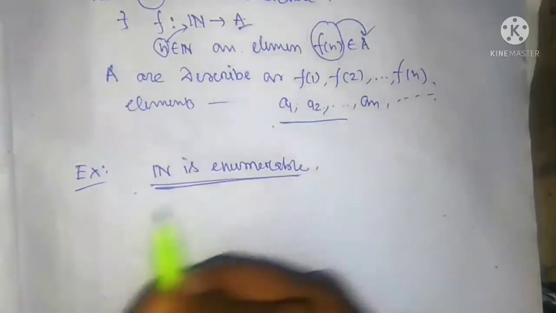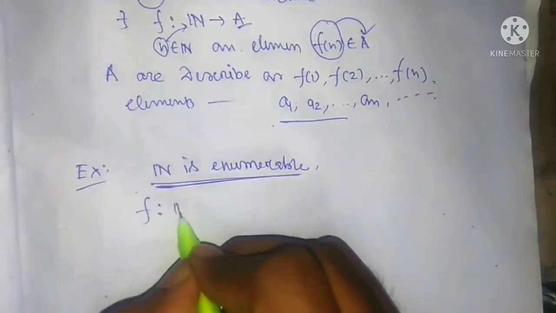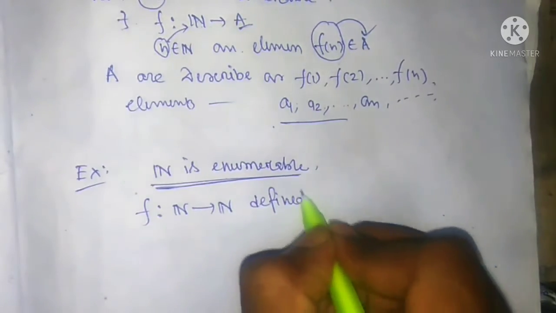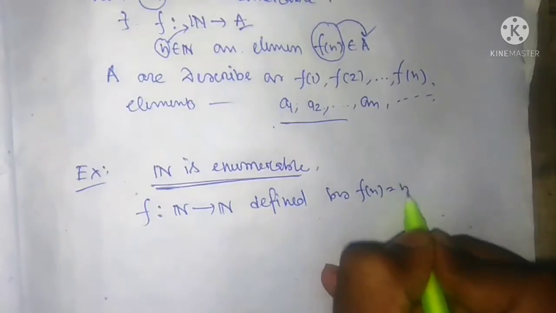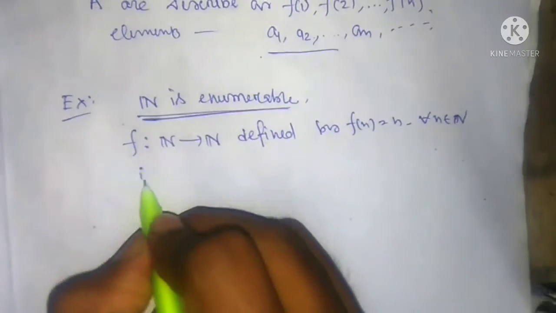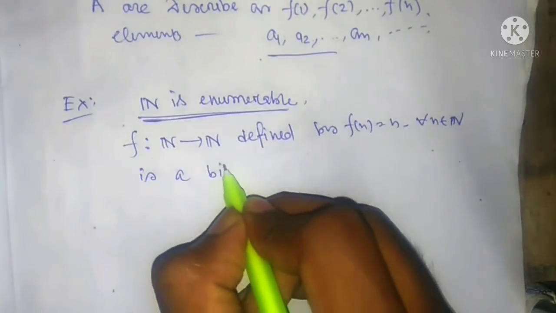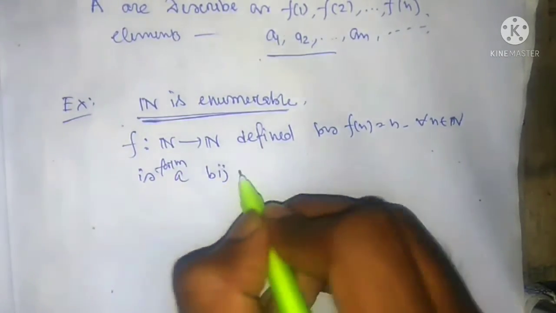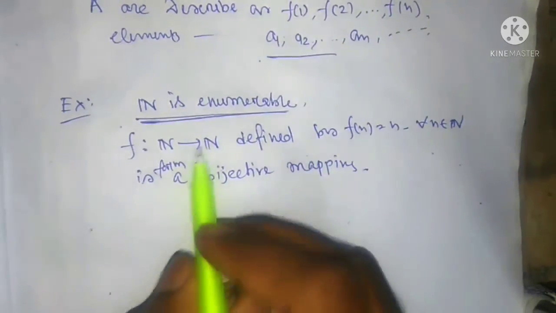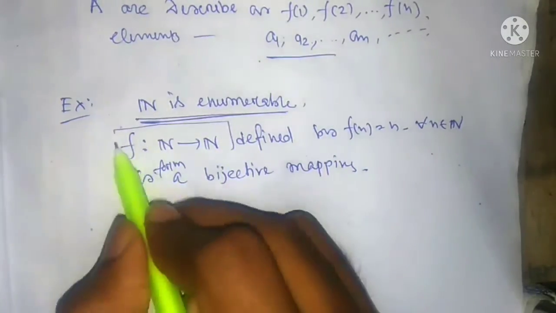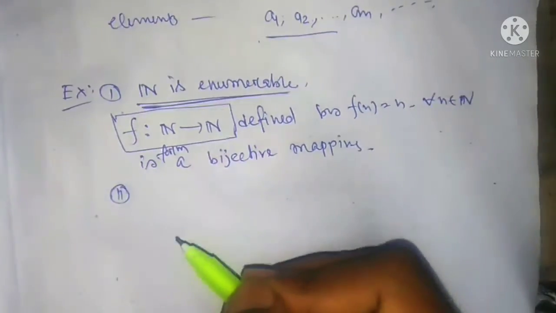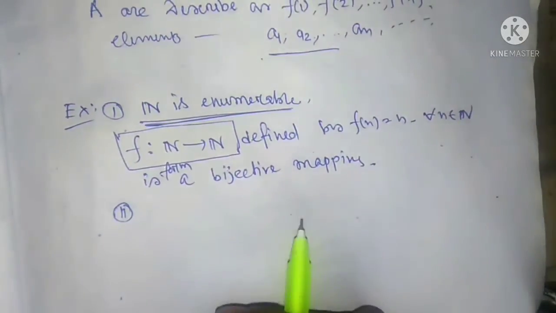The set of natural numbers is enumerable because there exists a mapping from N to N defined by f of n equals n for all n belonging to N, which forms a bijective mapping. You should check whether this mapping is bijective or not. I will tell you some other examples of enumerable sets and some examples of non-enumerable sets.